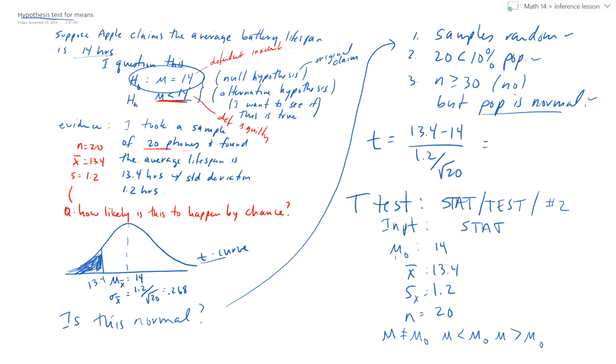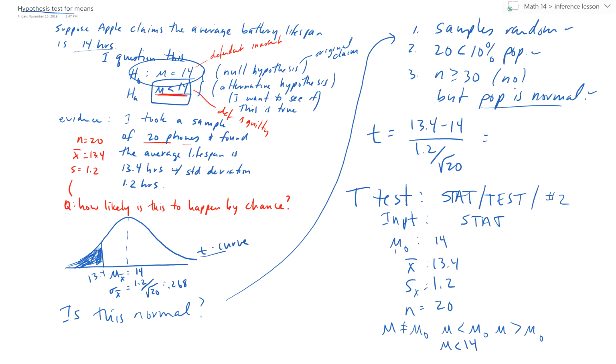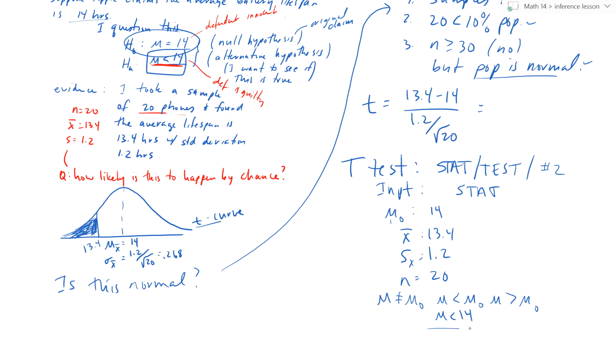Well, look up here at this. Mu 0 is 14. So I'm looking at mu is less than 14. That's what HA is, and so that's the one I want to make sure I highlight. And then calculate.